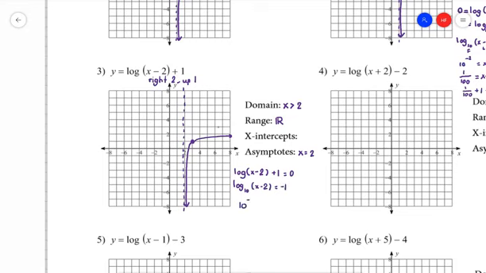Convert it, 10 to the negative 1 power equals x minus 2. 1 over 10 equals x minus 2. 1 over 10 plus 2 is equal to x. So 2.1, 0. And we can see that it's a little past 2 on the graph there, so we know that we found the correct x-intercept.